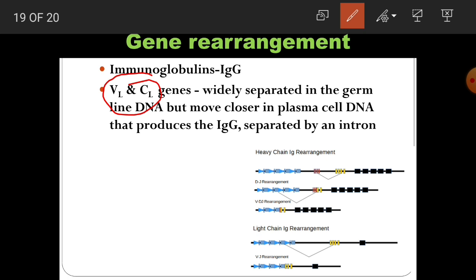Usually in the germline DNA, they will be far off, separated, but when they want to produce this IgG, in the plasma cell DNA they will come closer, but still they will be separated by an intron, and that is how by this gene rearrangement we can obtain our IgG.